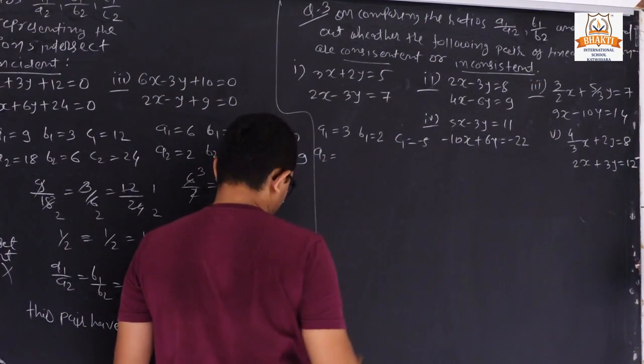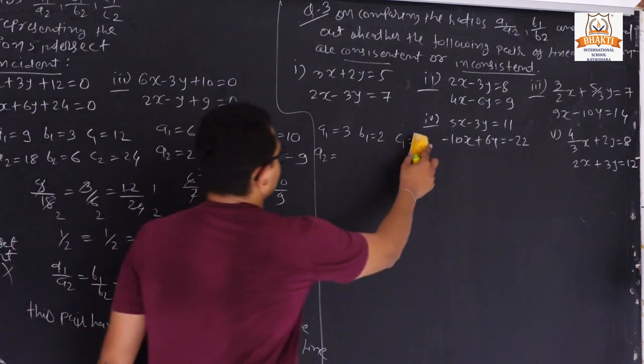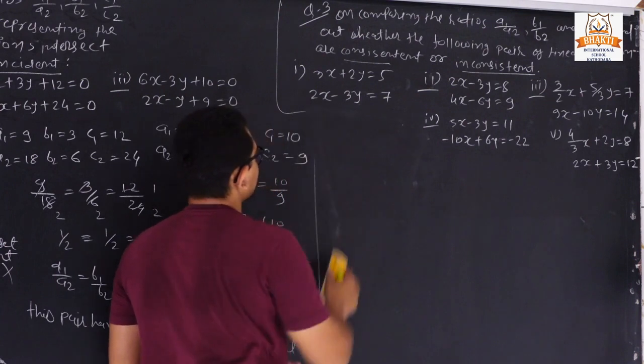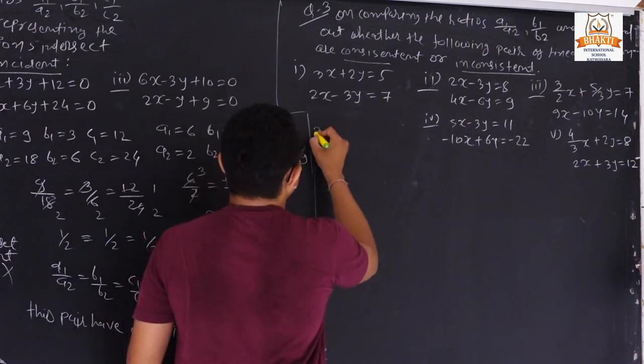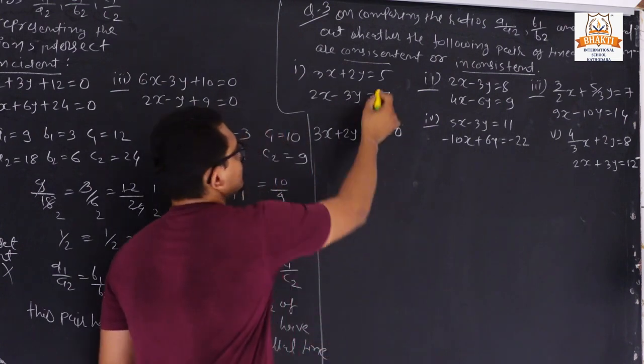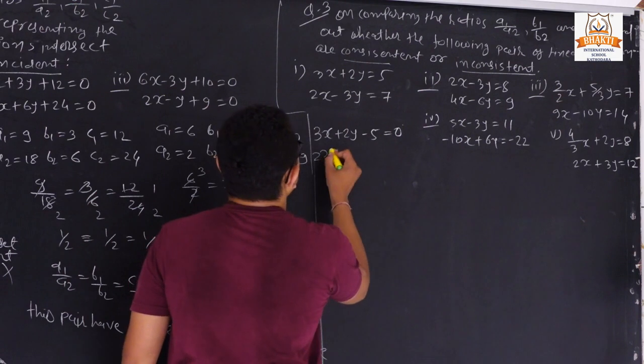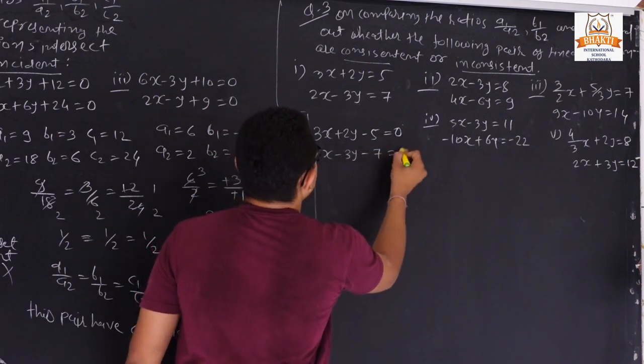In this type of question, first of all you convert the equation into the standard form. So we can write 3x plus 2y minus 5 is equal to 0, because the 5 is going to the second side, so it becomes minus. Once again, 2x minus 3y minus 7 is equal to 0.